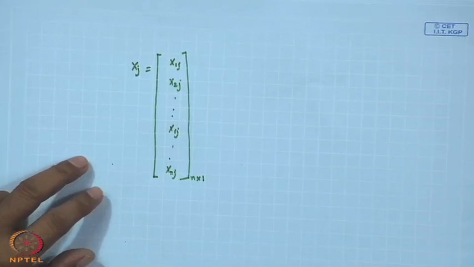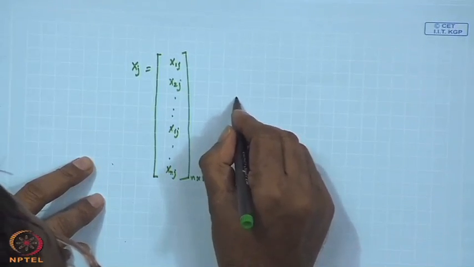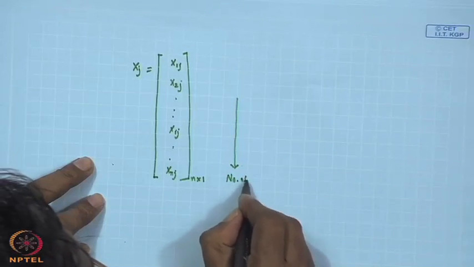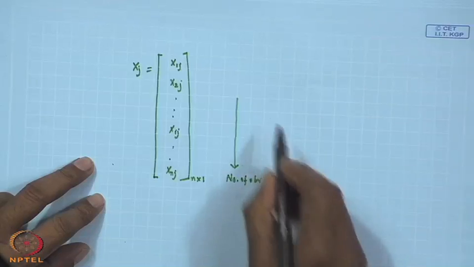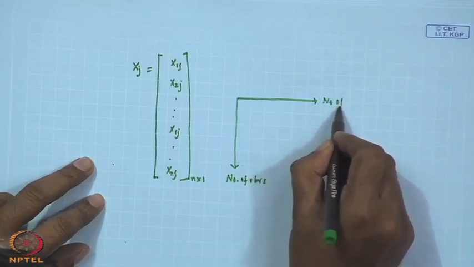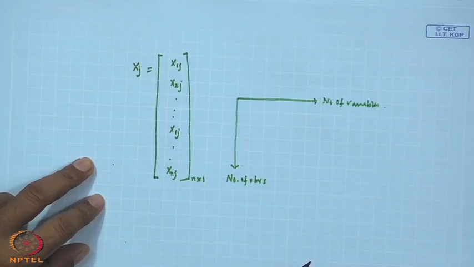Essentially, what is happening is that on one hand you have the number of observations axis, and on the other hand you have the number of variables axis.